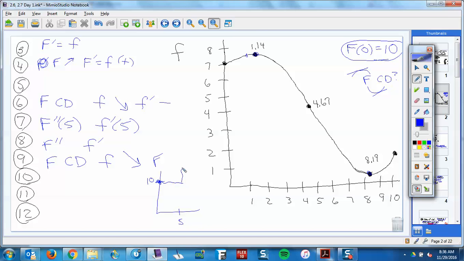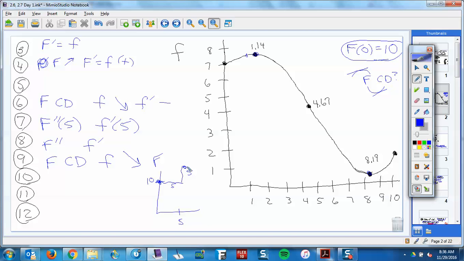Could you go over 5 and go up 5? Well, no, because this graph, little f, is the slopes of big F between 0 and 5. What are those slopes? Way bigger than 1. If you go over 5 and up 5, that means you have a slope of about 1.